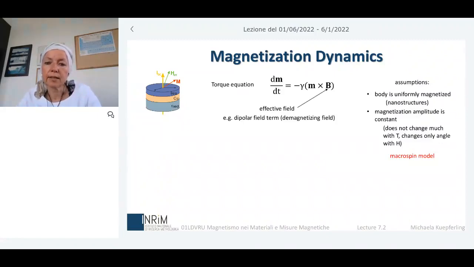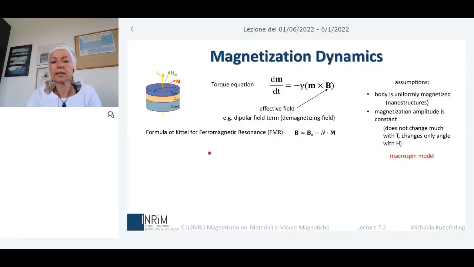Of course, in my field here, I can have several energetic terms, as you remember from the lectures on the energy terms. In the most simple case, for example, you would have the demagnetizing field, and then you can derive from this equation, of course, the ferromagnetic resonance that we already touched on in the lectures.